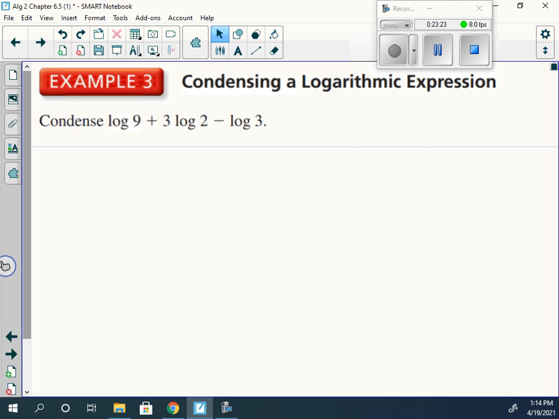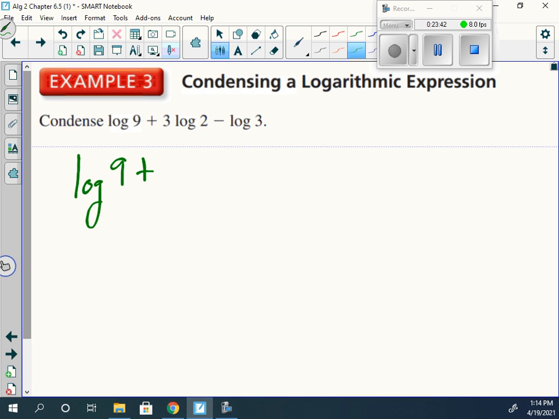So when we look at this here, we want to start off with our exponents. Well, log of 9 doesn't have an exponent with it. There's not a number in front that we can rewrite as an exponent besides 1, and using 1 doesn't actually change anything.